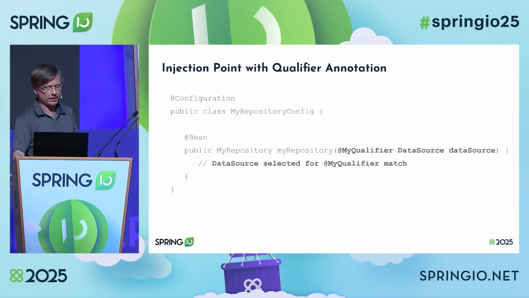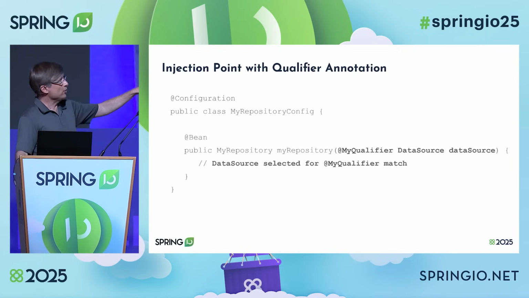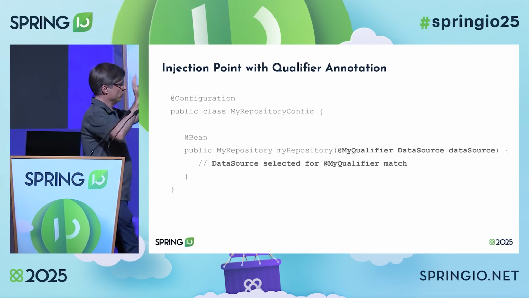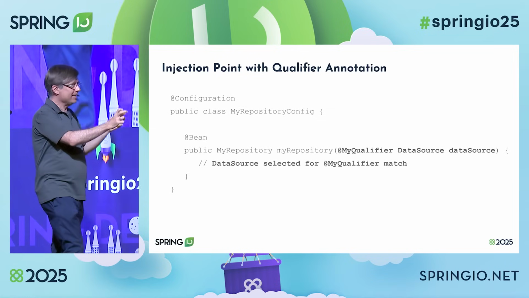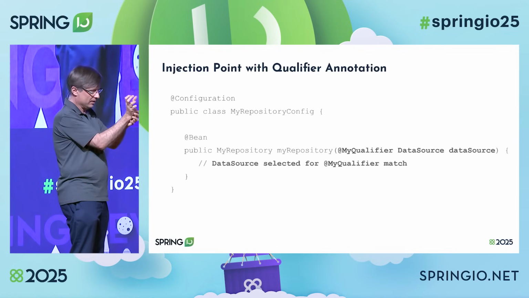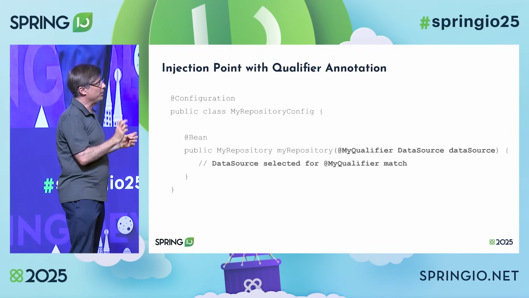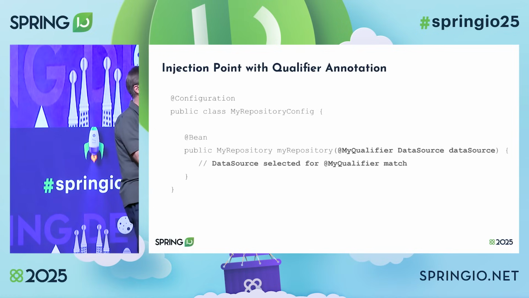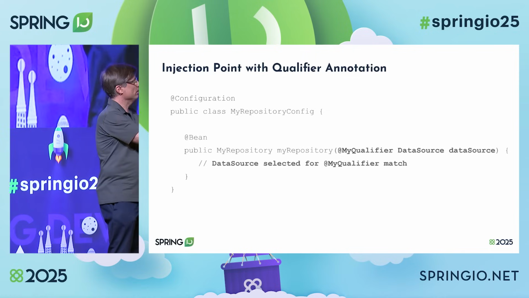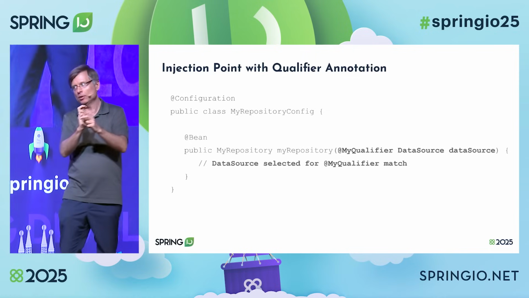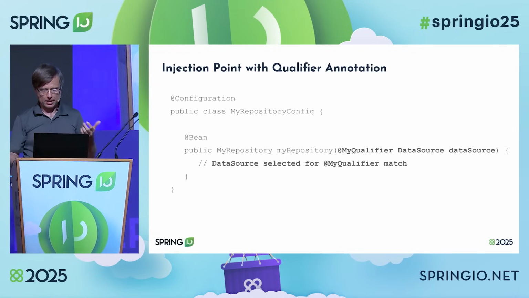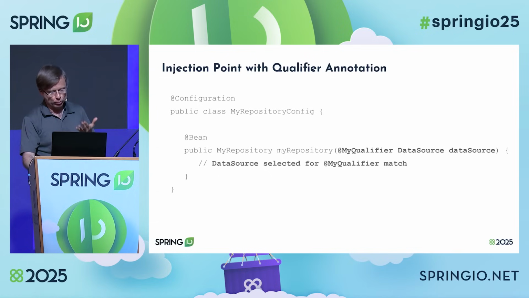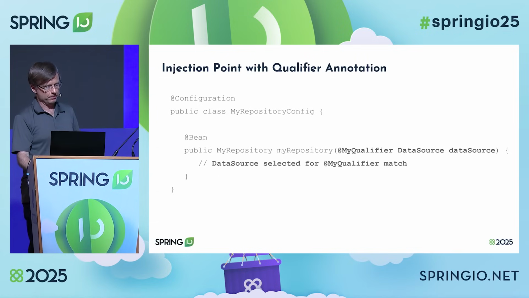An annotation that you declare. With a standard injection point, no object provider, just a data source type, and the qualifier annotation sitting next to it, you're basically saying this data source argument, plus the myQualifier annotation, that's what I want, right? I want a bean of type data source annotated with myQualifier, and I want a single one, a resolvable single bean of that type.